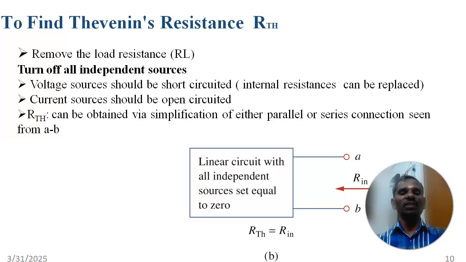If it is a voltage source, make it a short circuit, though we can take into account internal resistance, which can be retained. If it is a current source, it has to be an open circuit. This RTH can be obtained by simplification of series or parallel combinations, depending upon the connection between A and B.